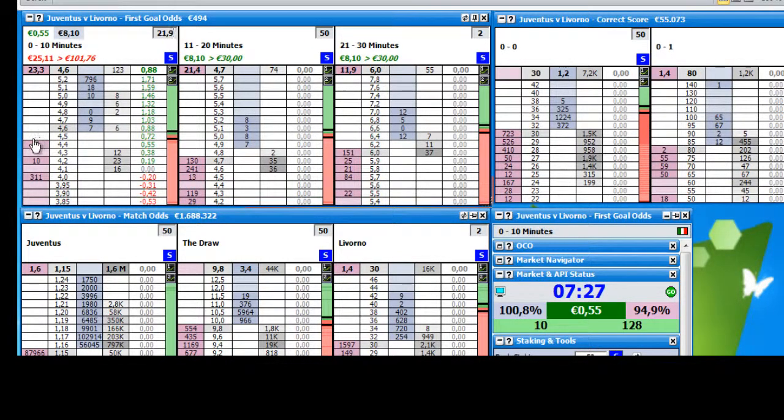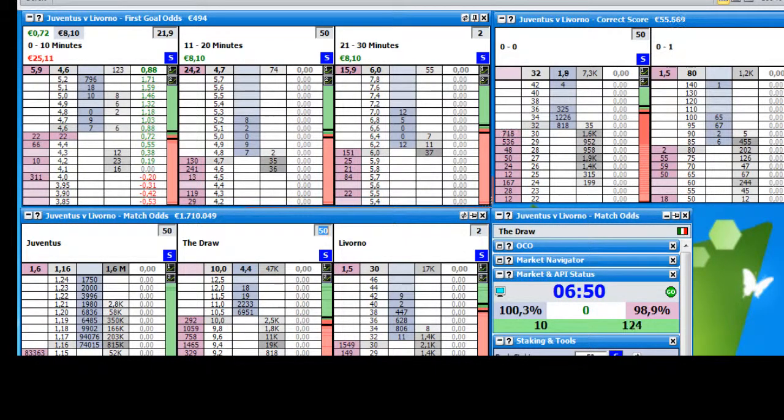So, well, you see, if I lay here with 21.9, I will get 30 euros, and I have then to look what is my average odd. This is very important that you know, if you lay with two different odds, that you have to calculate your average odd. Well, I will make a break now in the video, and in around 6 minutes I will come back before the game has kicked off, and we will see what happens in this game.